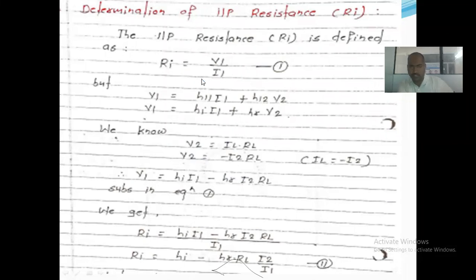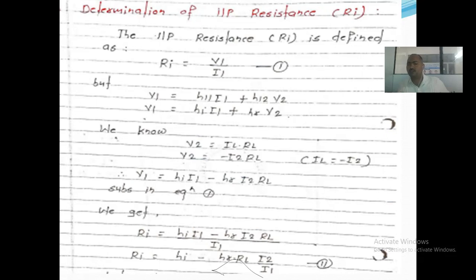So we know that input impedance indicates the term related to the input. So in that case, the voltage and the current should be related to the input, right? So for the input, input voltage is V1, input current is I1. So Ri is nothing but V1 upon I1. This is equation number 1, right? But we know that in case of H parameter, there are two equations.